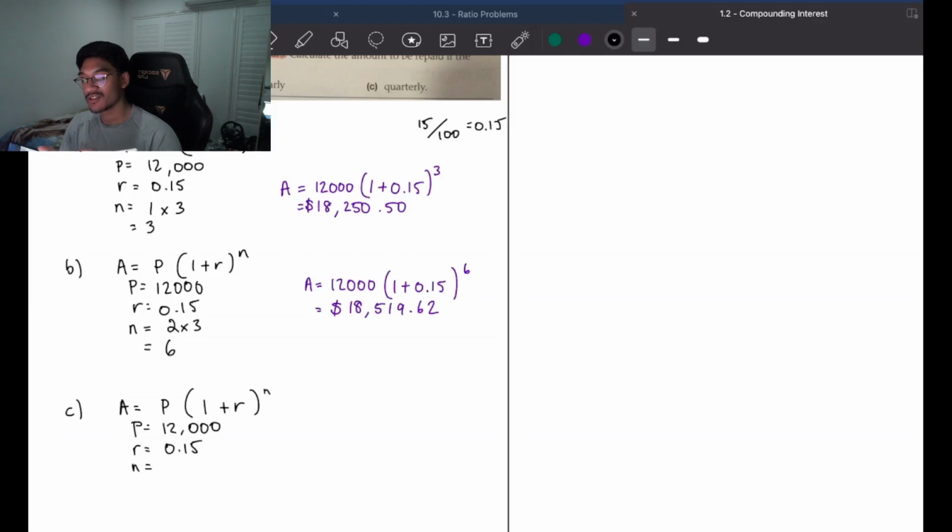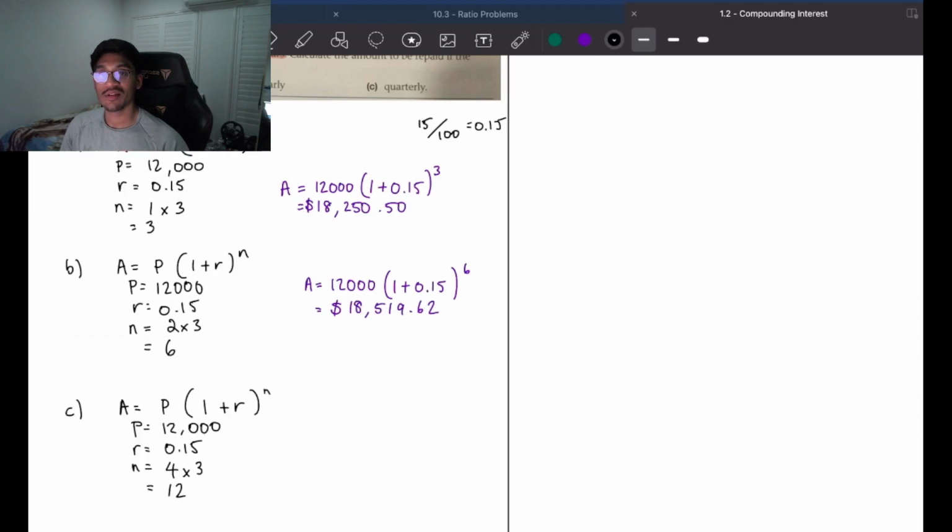Now the amount of times it compounds has changed. My periods, the amount of times it compounds, they mean the same thing. So now it's done quarterly. So how many quarters are in a year? Well, quarter means 4. So there's 4 per year. Times, the loan goes for 3 years, so it gets times by 3, which equals 12. So now it compounds 12 times.